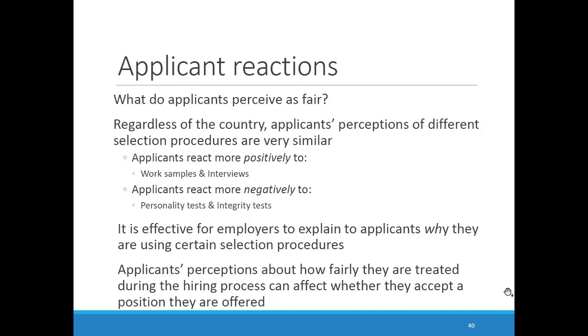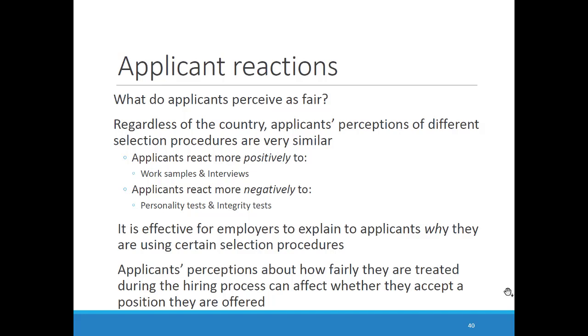Research shows that regardless of the country, applicants' perceptions of different selection procedures are very similar. Applicants respond more positively to work samples and interviews. If you remember work samples from Chapter 6, that is asking people to perform actual duties that would be required by the job.